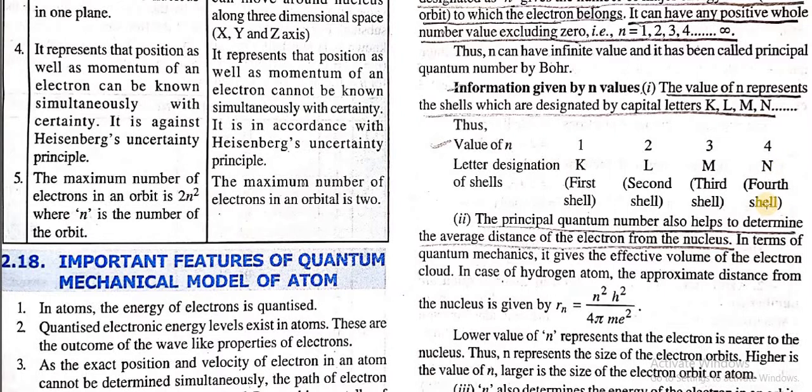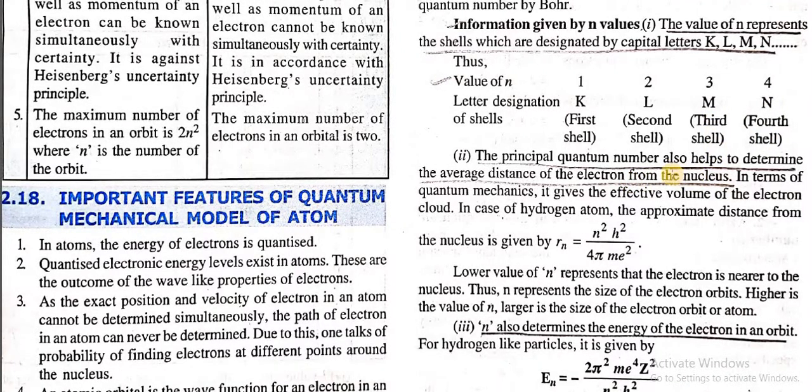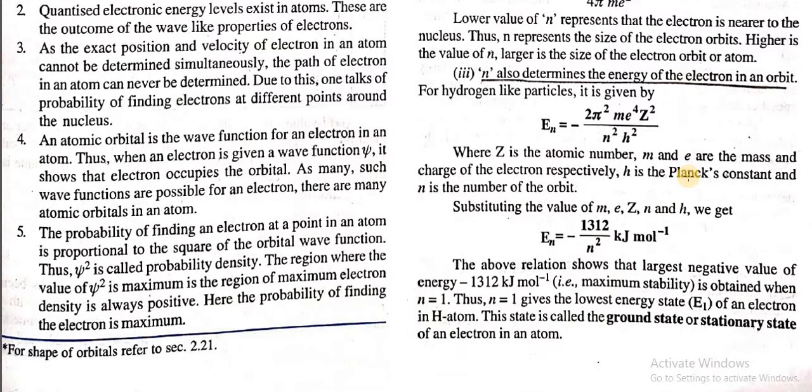So it represents the number of shells. The principal quantum number also helps to determine the average distance of the electron from the nucleus. Next, n also determines the energy of the electron in an orbit. So n values can determine the energy of the electron in a certain orbit.